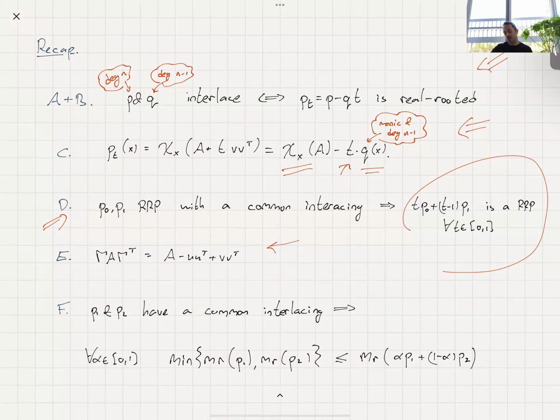Lemma E is a kind of orthogonal lemma altogether that says that when you conjugate a matrix A by a swap, you're essentially doing a rank 2 update of this form. And the last lemma said that if P1 and P2 have a common interlacing, then, in particular in this case, as I wrote here, the minimum of the max roots of the two is at most the max root of the combination.